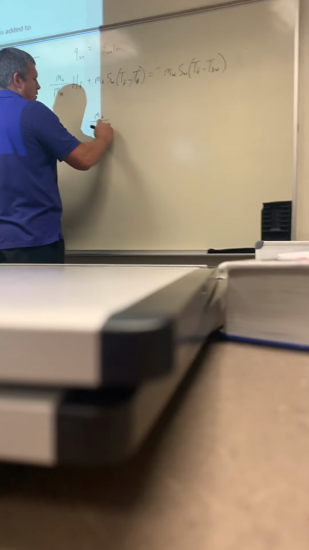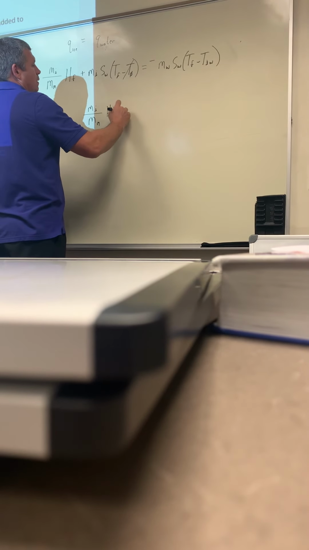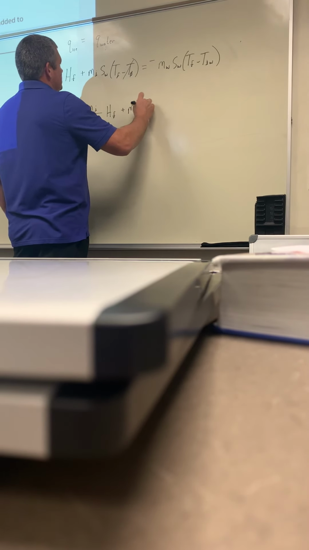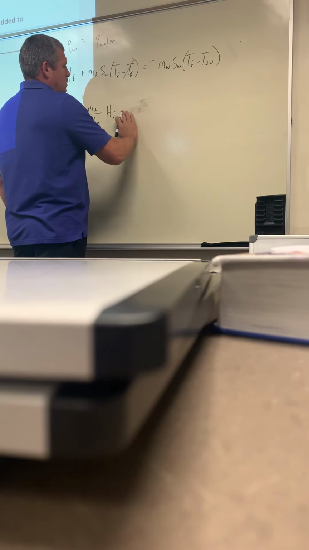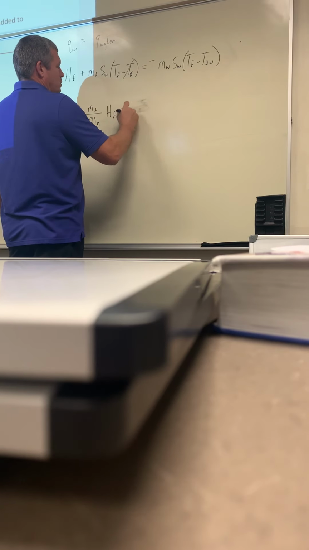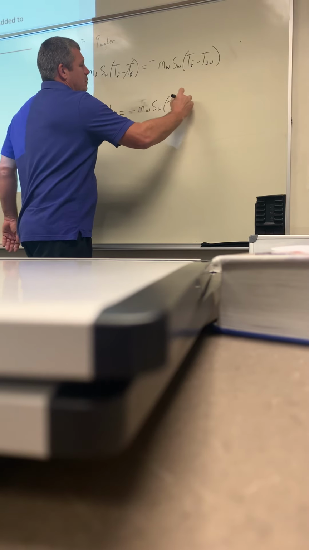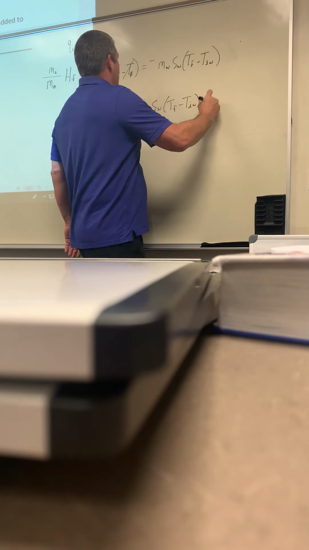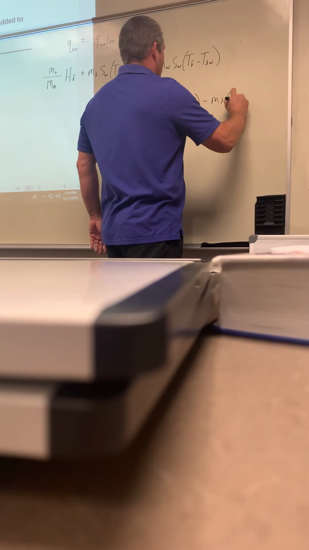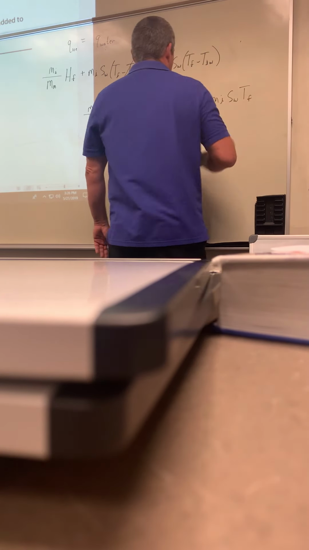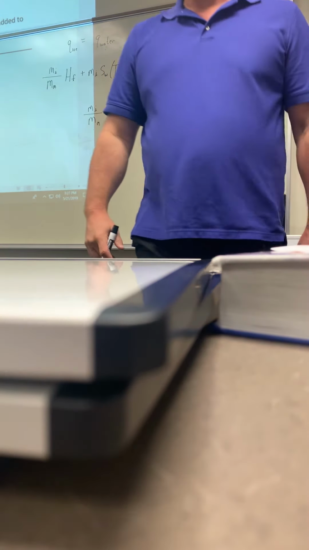So I can take mass of the ice divided by molar mass times heat of fusion plus the mass of the ice, specific heat of water, equals negative mass of the water, specific heat of water, temperature final minus temperature initial of the water, minus mass of the ice, specific heat of water, temperature final, and we distribute and divide.